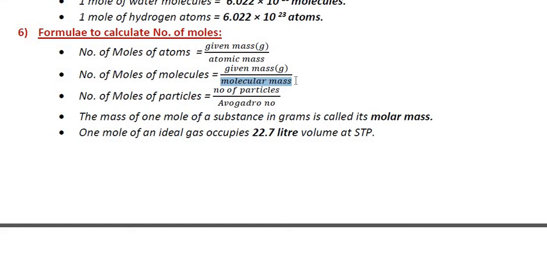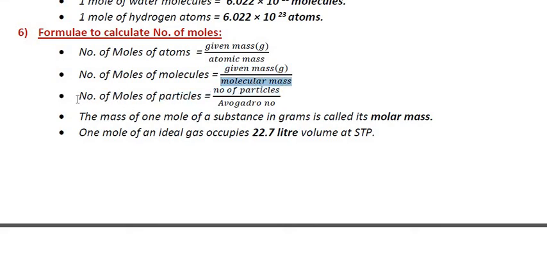So first we find the sum of the atomic masses of all the elements present in calcium carbonate, and that will be the molecular mass, and we substitute it in the formula. So number of moles of molecules is given mass in gram upon molecular mass.